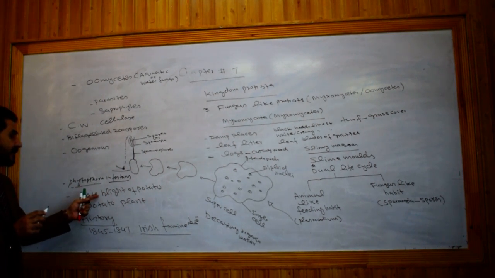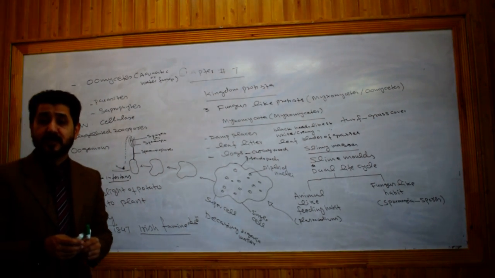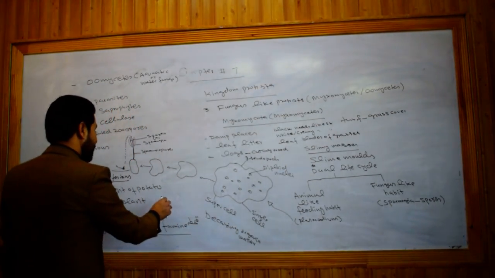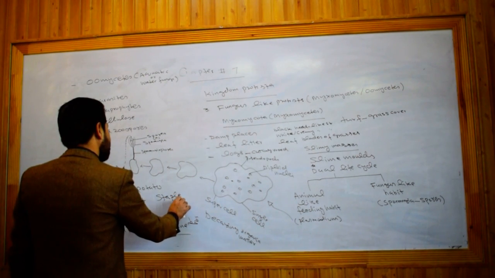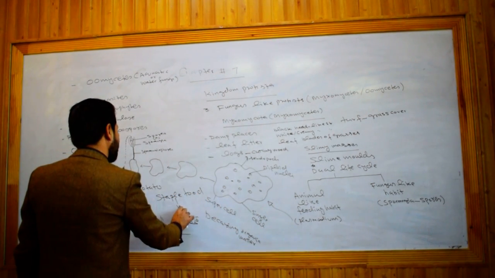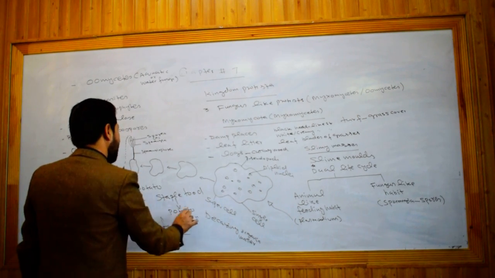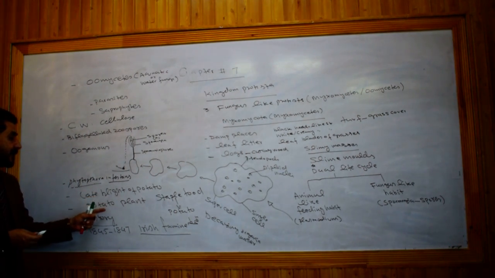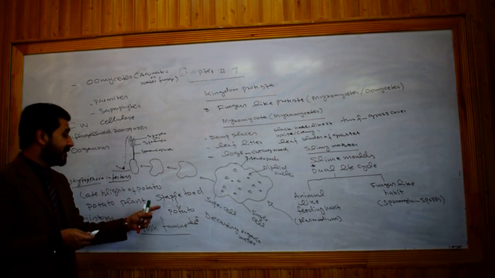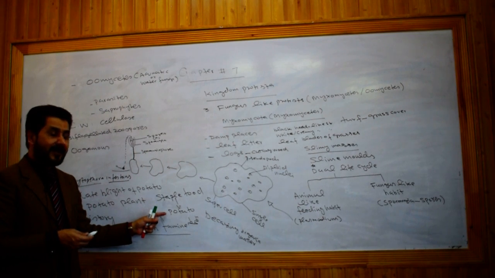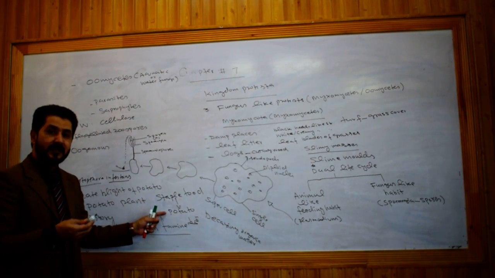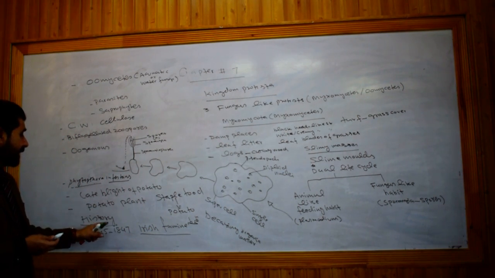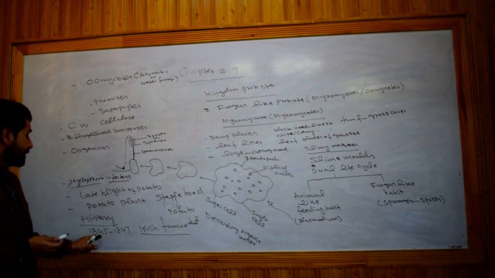This disease is known as late blight of potato, and due to it the potato plants were destroyed on a huge scale, because the staple food of the Irish people was potato. When potato was destroyed by this fungus, millions of people starved to death and millions migrated to the neighboring country. So that is why this fungus has a history, because it was the causative agent of what?